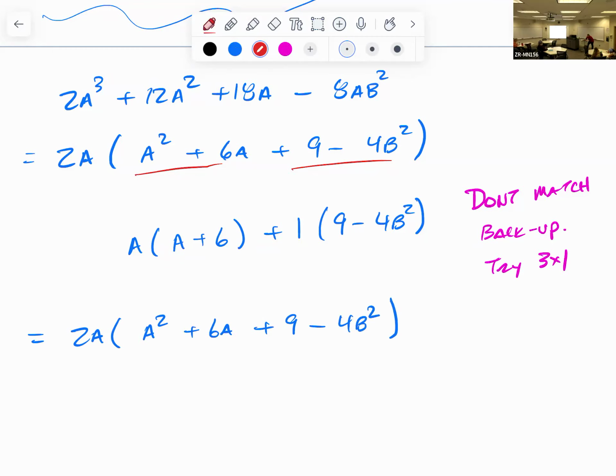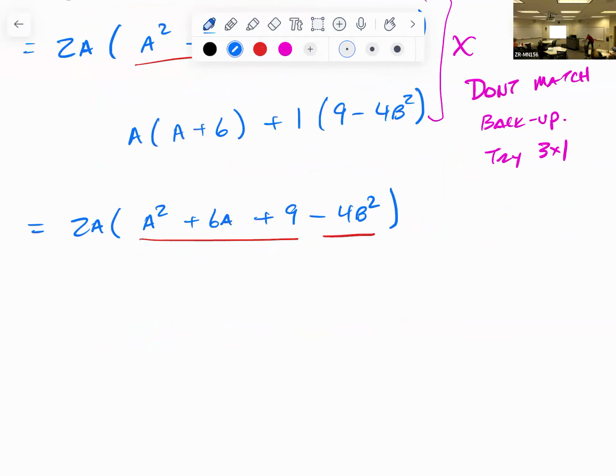So the important part is that this whole piece didn't work. That was nothing. Now we need to do 3 by 1 grouping. 3 by 1 says do the diamond on the first 3 terms because it's 3 terms. 9 and 6. 3 and 3.